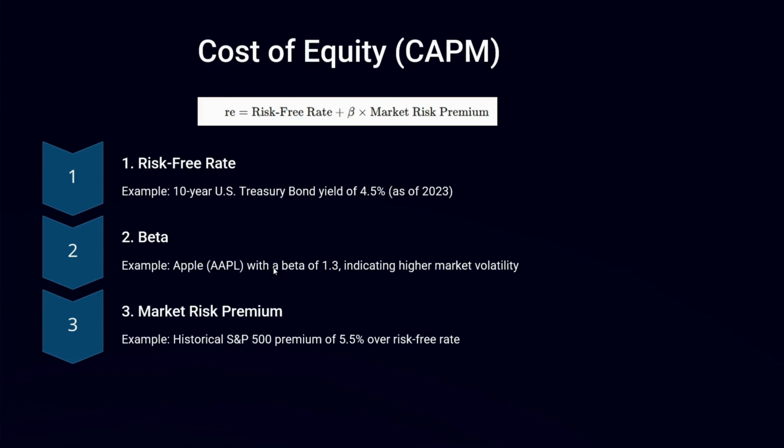For example, the beta for Apple is 1.3, indicating higher market volatility. The market risk premium is the extra return investors demand above the risk-free rate. For example, for the S&P 500, a premium of 5.5% over the risk-free rate.